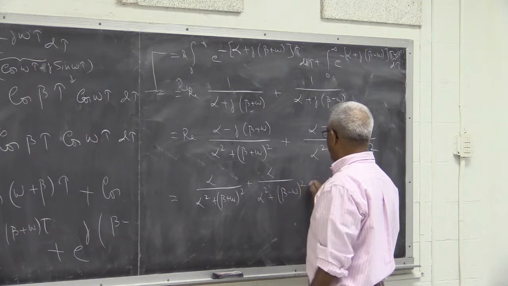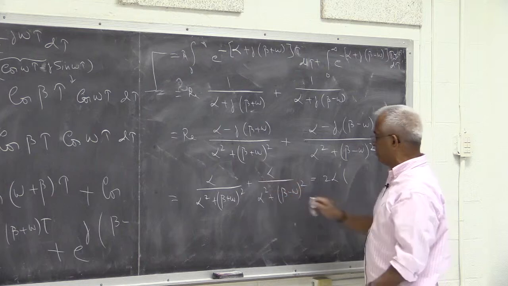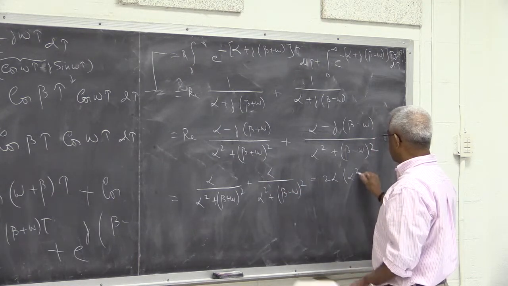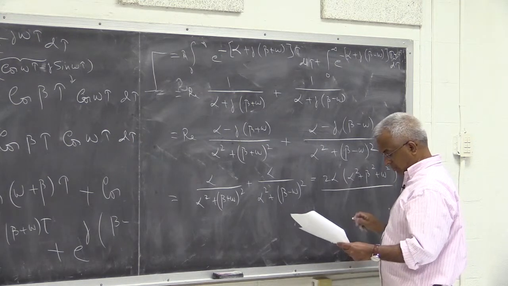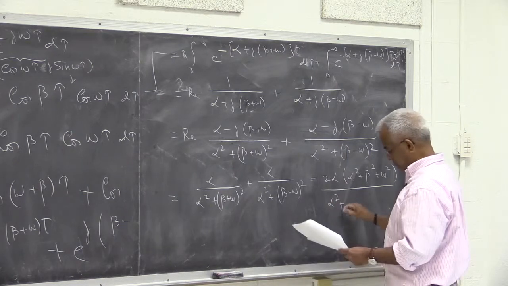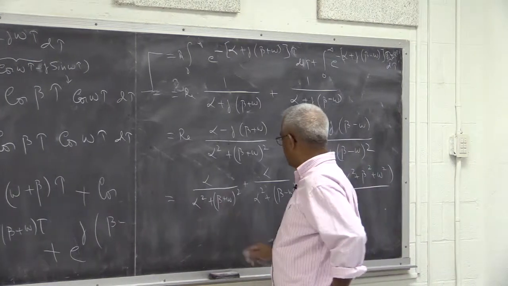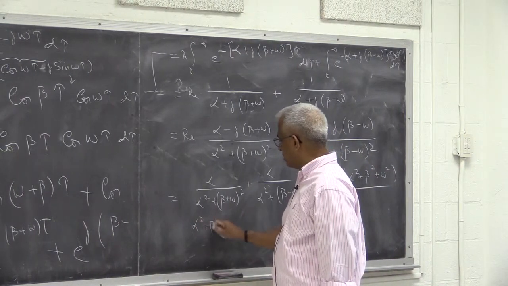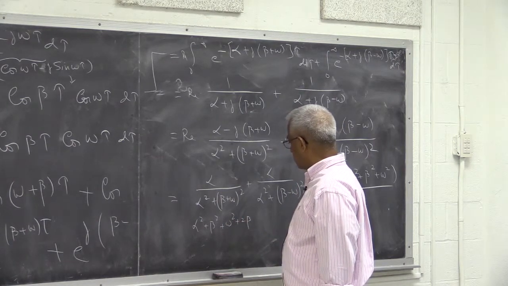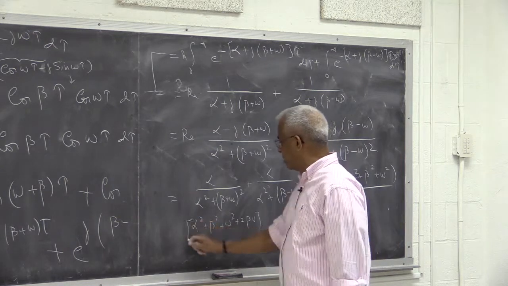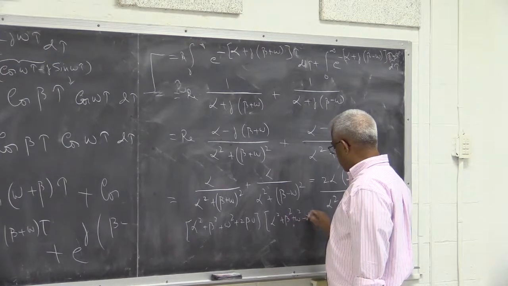So you can see, if you want to simplify this further, this turns out to be 2 alpha. You just cross multiply and expand, etc. Alpha squared plus beta squared plus omega squared. So the easiest way, if you expand this here, if you want to cross multiply, this is alpha squared plus beta squared plus omega squared plus 2 beta omega multiplied by alpha squared plus beta squared plus omega squared minus 2 beta omega.